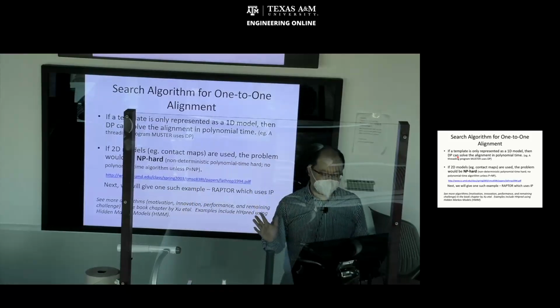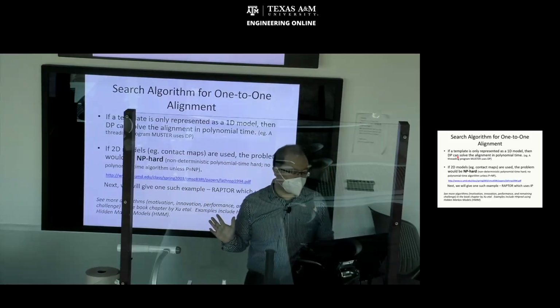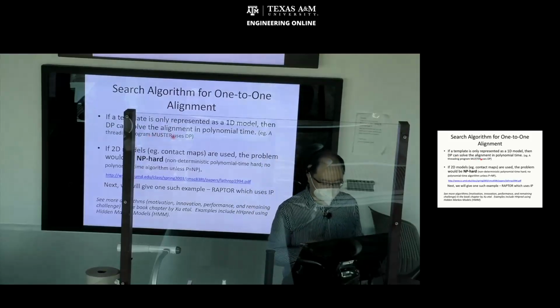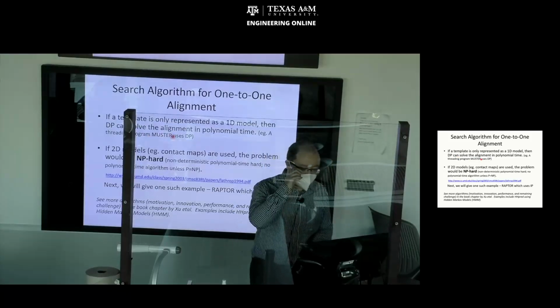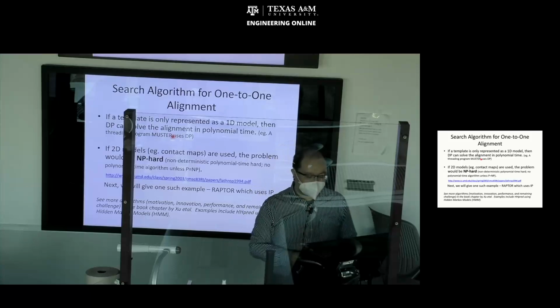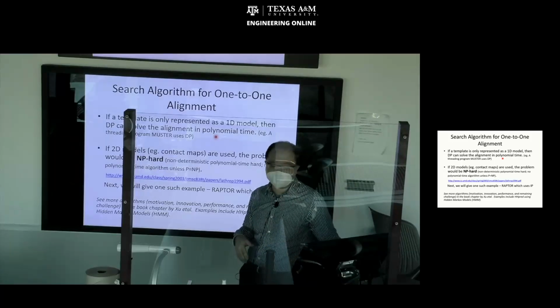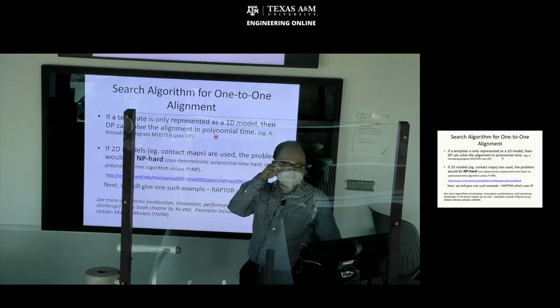It's still polynomial time. This is one of the earlier methods called MASTER. They use dynamic programming. In that case, you have a polynomial time algorithm, on the order of m times n, or n squared if m equals n.